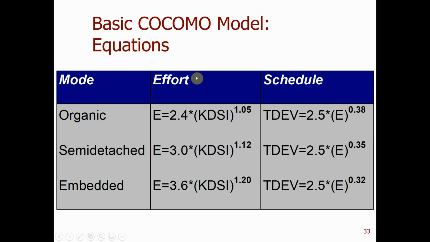For the basic model, we have 2 equations, taking different A and B. E is effort, and then we can also calculate the schedule. One formula calculates the man months, and the other tells us how long it takes to finish this kind of project.